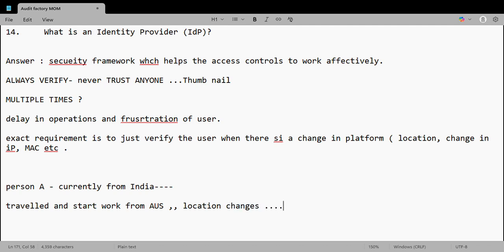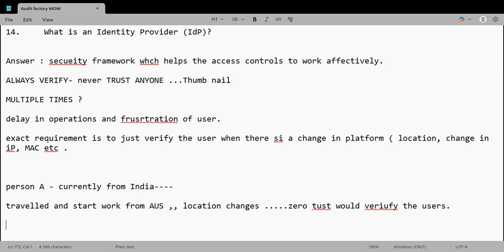In this case, zero trust would push a verification to the user, to check whether that user is authenticated or not, whether that user is genuine or not.